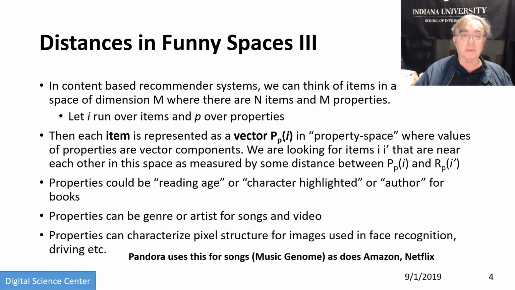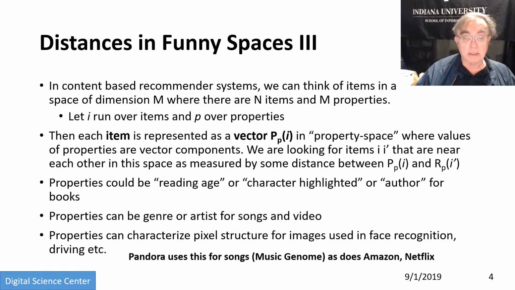The third type of thing we have is content-based, and then items are represented by vectors in the property space. Maybe that has the color, the size, the things like that, and whether, like in books, the reading age, or whether it highlights Hercule Poirot or some other type of thing, or even the author of the books.